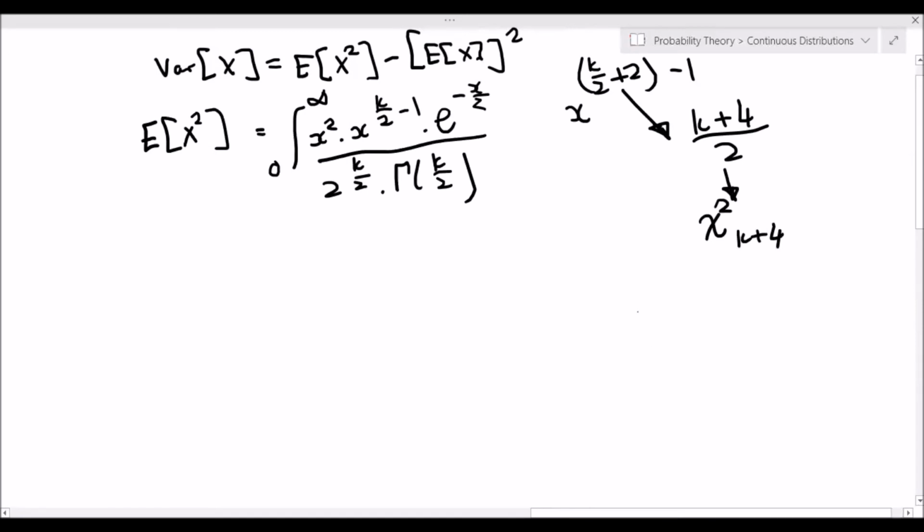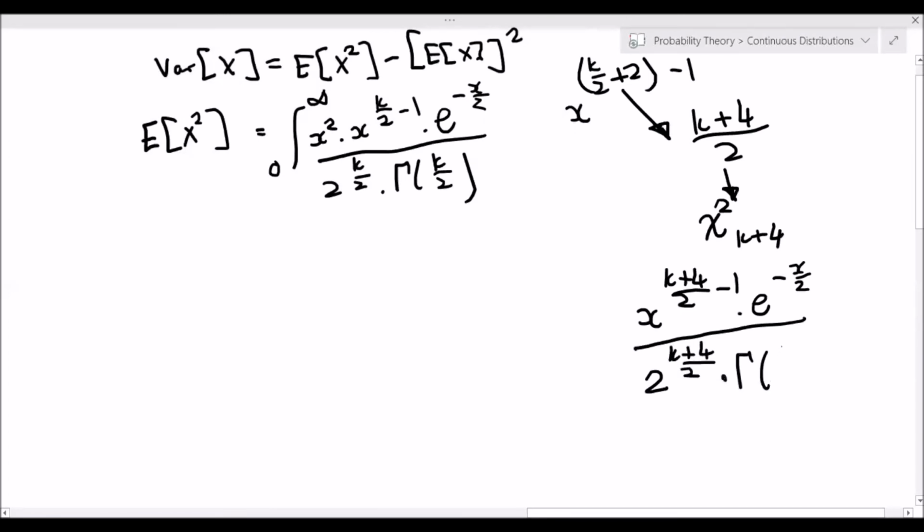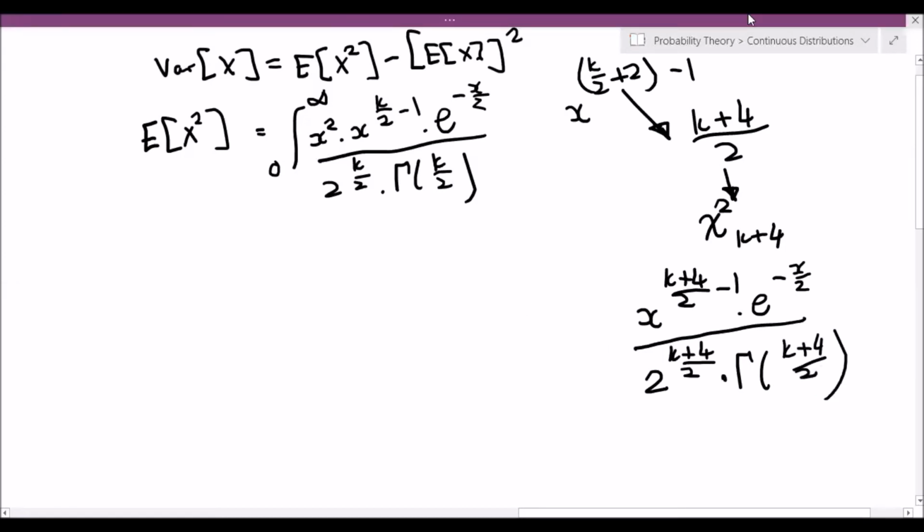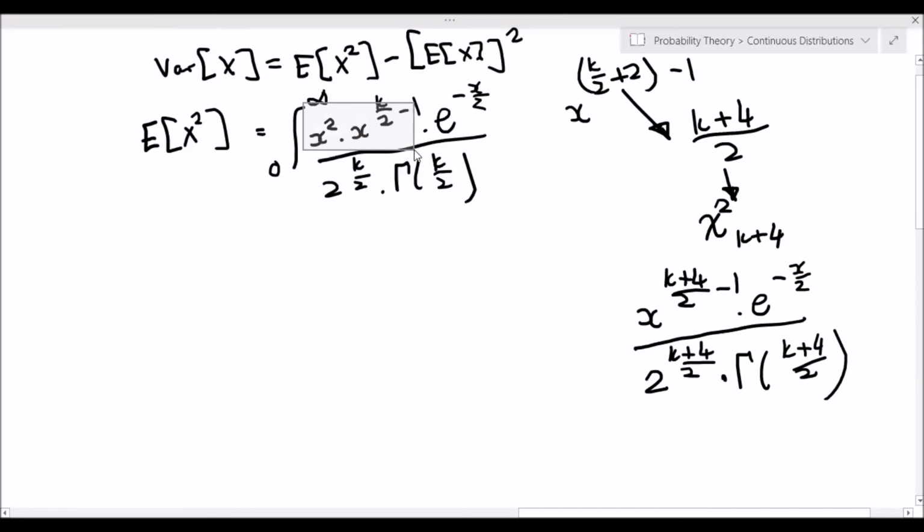We know it's going to be x to the power of (k+4)/2 minus 1 times e to the negative x/2, divided by 2 to the power of (k+4)/2 multiplied by the gamma of (k+4)/2. So our exponent over here is already in the correct form. The numerator, in fact, of our integral is already in the correct form. So we just need to change the denominator.